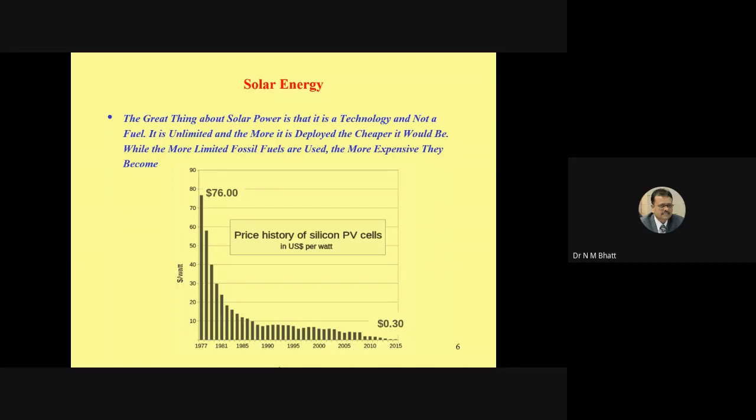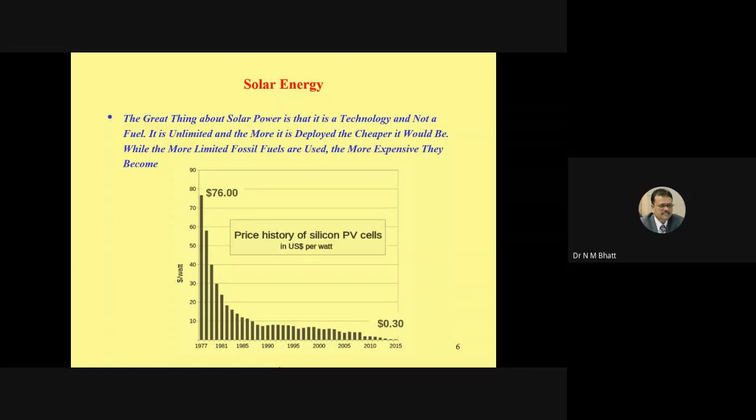And you know that when a technology is used more and more, deployed more and more, its cost decreases. That is a great thing that has happened with solar energy. If more solar collectors and more solar PV systems are deployed, then the cost is going to decrease.